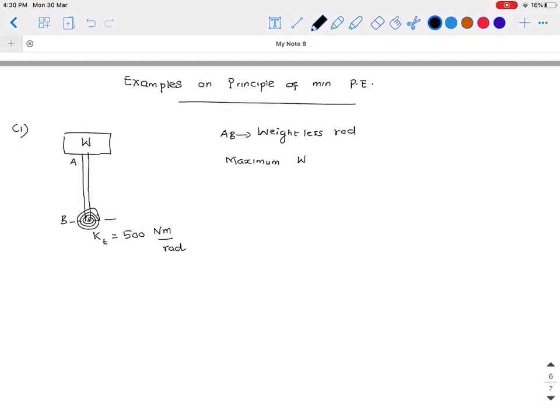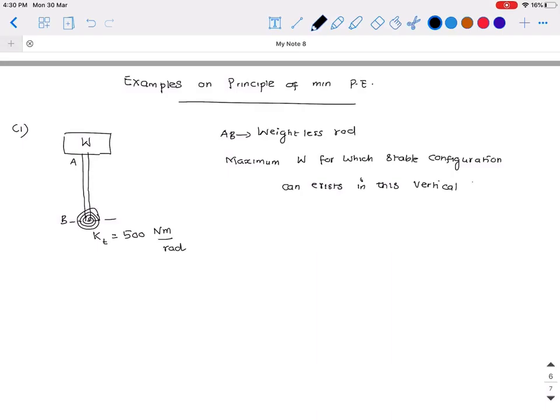What we need to find is the maximum weight W for which a stable configuration can exist in this vertical position.